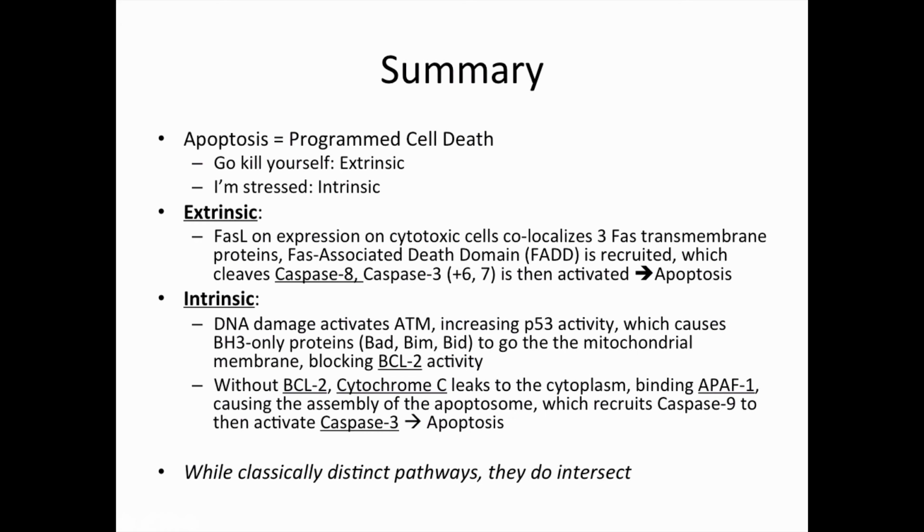This causes activation of P53, which results in blocking BCL2 activity in the mitochondrial membrane. Without BCL2, cytochrome C is able to leak out. And there's also an expression of a protein which facilitates this as well. When cytochrome C leaks out, it enables APAF1 to unspool and to form the apoptosome with itself, which then enables caspase 9 to then activate caspase 3, causing apoptosis.